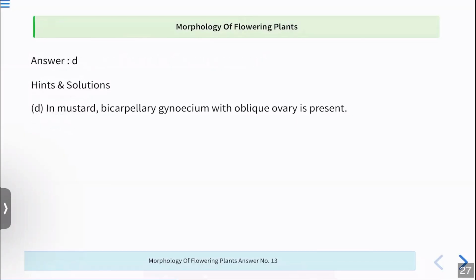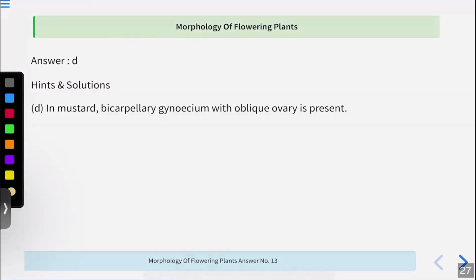They have marked D, but they have given mustard as the answer. Okay, let me check. See, mustard is actually a part of your Brassicaceae family.